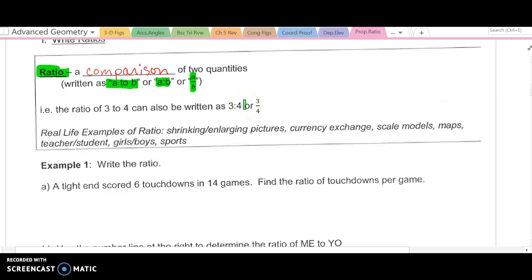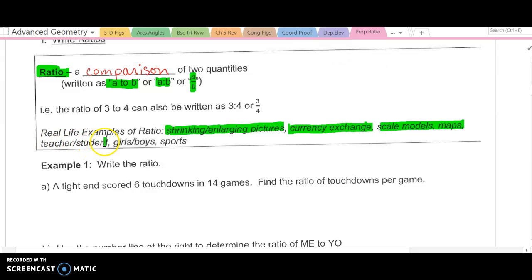And we use these ratios anytime you're zooming in or zooming out on a picture. If you want to exchange money, go into a foreign country. If you want to do a scale model or a map, just like we're going to do with our house project, which will be a scale model of your actual house in real life.